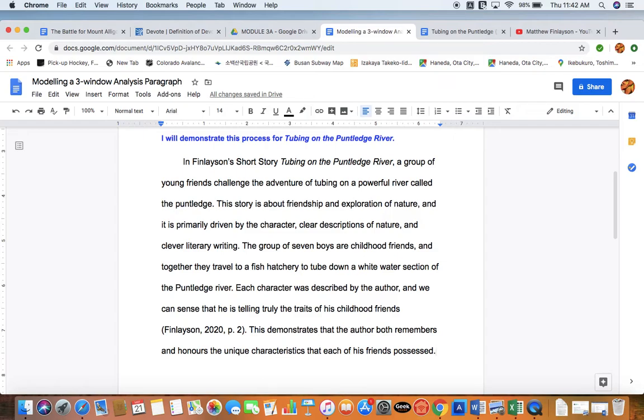Okay, so good. We've got our first triad in there. We've talked a little bit about characters. So now I can have a transition that moves into this next important level 1 thing that I want to discuss.